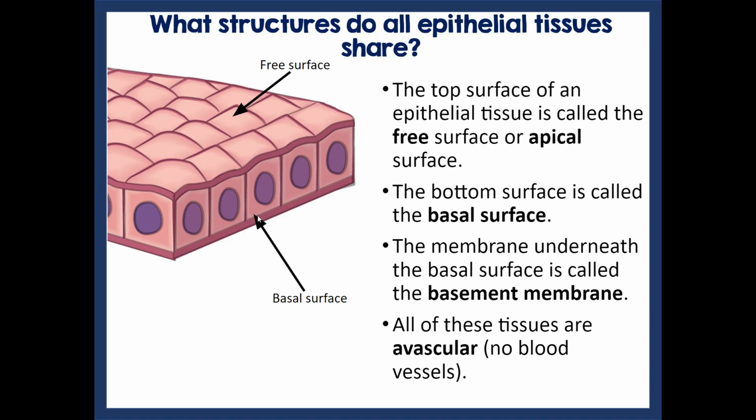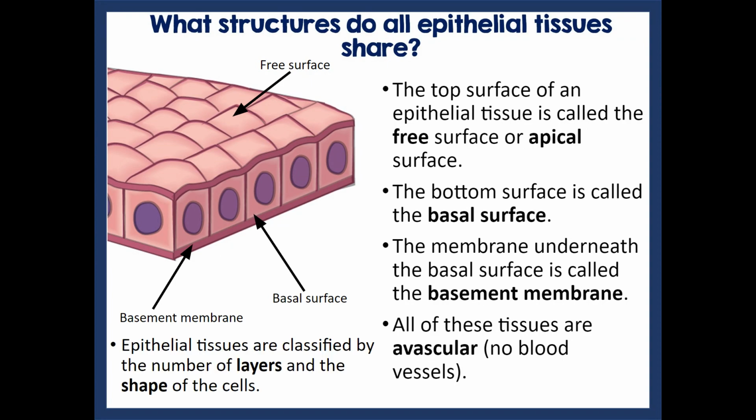And then underneath the basal surface, you have the basement membrane. That's this dark pink area. And all epithelial tissues are avascular, meaning there are no blood vessels in them. There are no blood vessels inside these cells. They don't have any blood vessels at all.